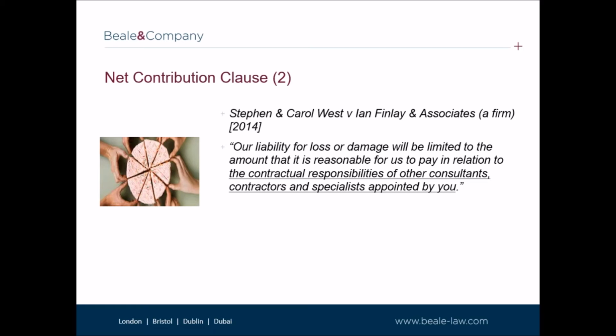The Wests appointed a main contractor and also directly appointed other specialists to design and supply certain elements of the project. Unfortunately, the works carried out by the contractor were defective and a dispute went to court, where the judge decided that the architect had been in breach of its professional duties and the main contractor had been in breach of its contractual obligations to Mr. and Mrs. West.